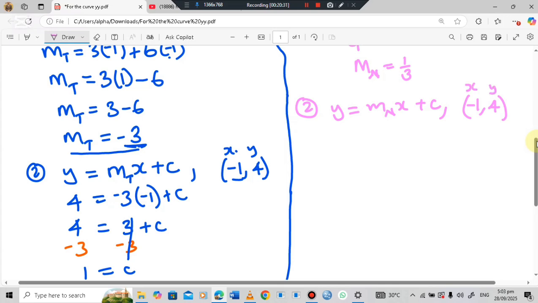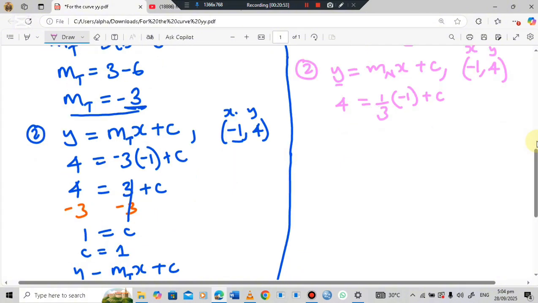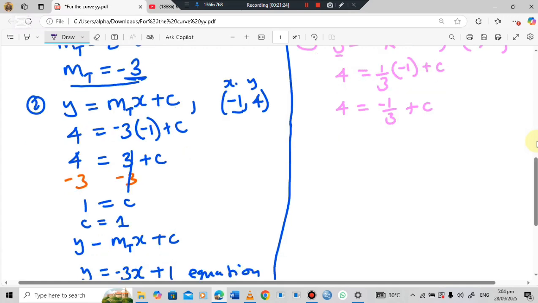All right, so where there is y here, we're going to replace a 4. So we have 4 is equal to the gradient. The gradient that we found, mn, is 1/3. Then x is -1. Then plus c. All right, so we have 4 is equal to 1/3 times -1 is -1/3 plus c.